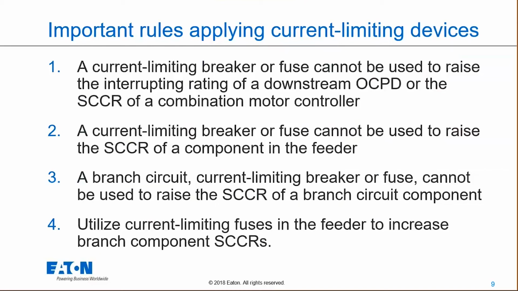They won't let that much fault current get through for sure when it does see a short, but I can't use them to raise that SCCR rating of that branch circuit component. I have to use the feeder circuit overcurrent device. So just be aware of that as well. And then finally, utilize current limiting fuses in the feeder to increase the branch component SCCR. So that's what we've been talking about, and I'm just trying to hammer it home, guys, and make sure you're aware of that.